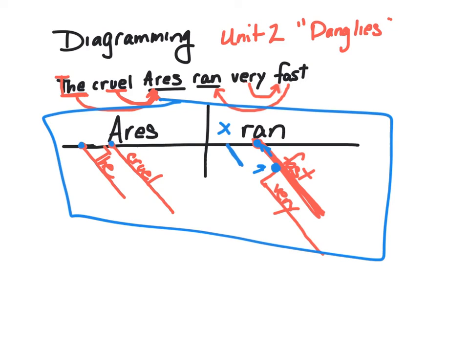Or you can go back and look at Unit 1 and look at the video on helping verbs and ask yourself, remember the timeline, does this change the timeline? Because remember, if a word moves you on the timeline, either into the future or into the past, that's a helping verb, and it's going to be diagrammed up here on top of the line.